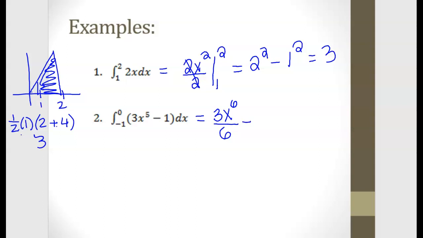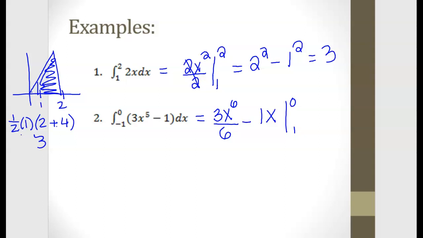Well, that's x. So this is going to become minus 1x, technically over 1. And again, you are anti-deriving from negative 1 to 0. It's always the top value plugged in minus the bottom value plugged in.